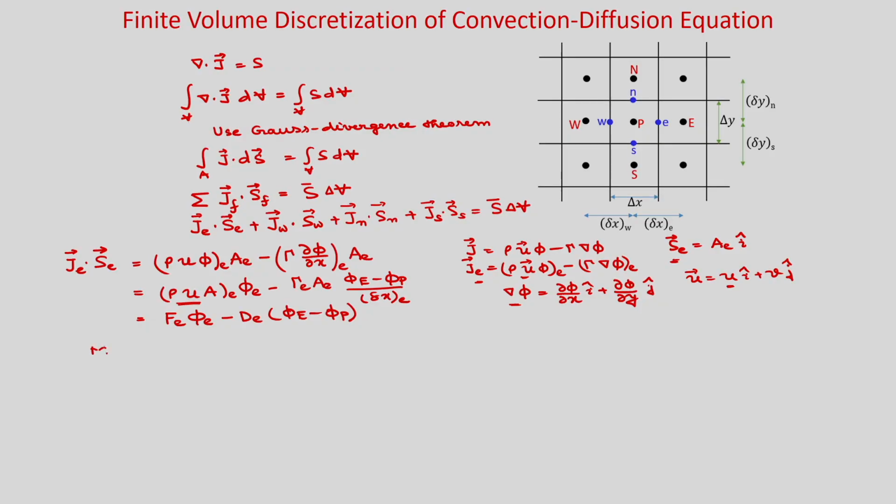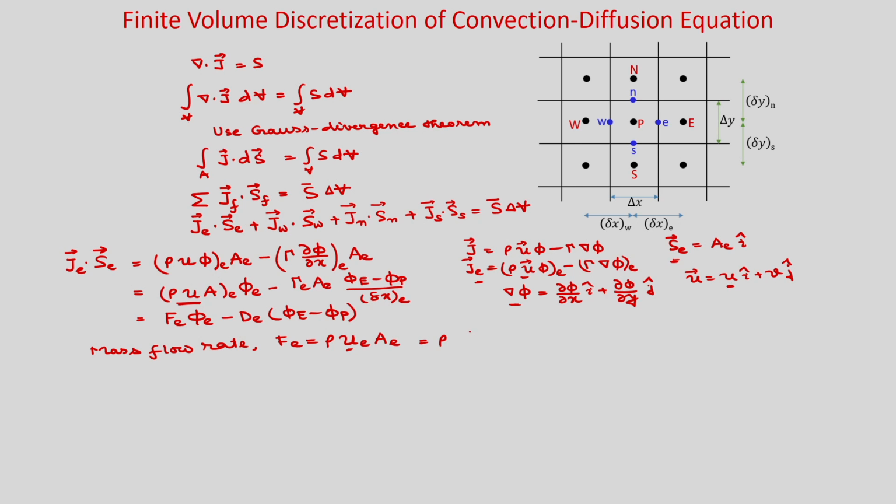So, we are introducing mass flow rate, F_e is equal to rho u_e A_e. Now you can see that u_e, the velocity at the face center e, is not known, because you might have the values available only at the cell centers.